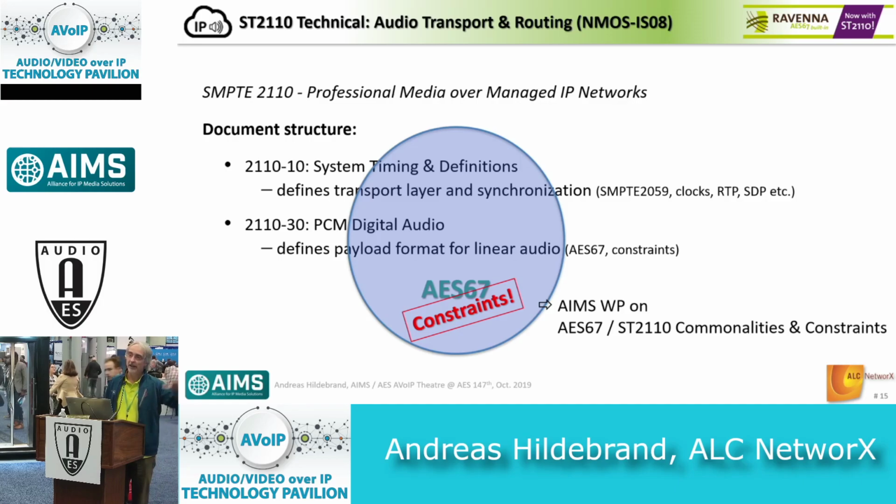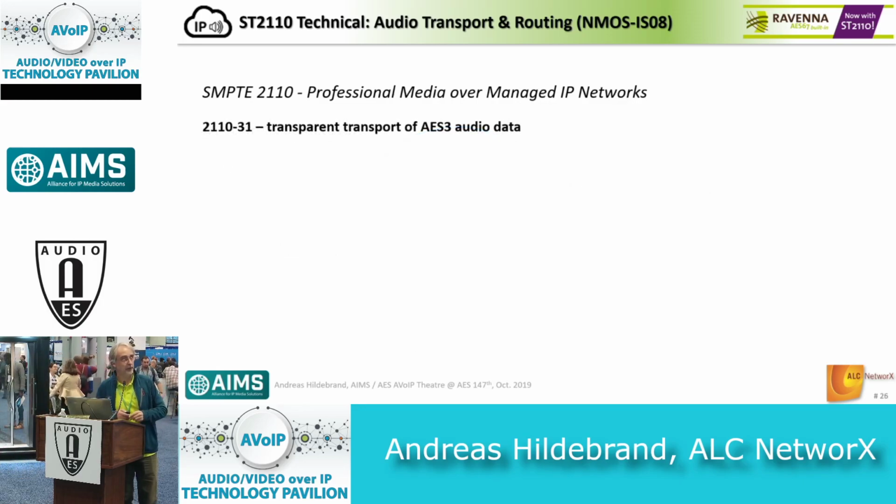There's a detailed white paper explaining the constraints, differences and commonalities between 2110 and AES67. Baseline is there's very, very good interoperability between AES67 and 2110, and by now all of the AES67 implementers have added those required constraints so they play nicely in the 2110 environment.